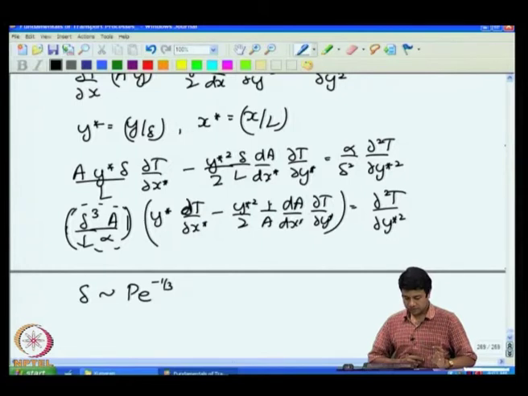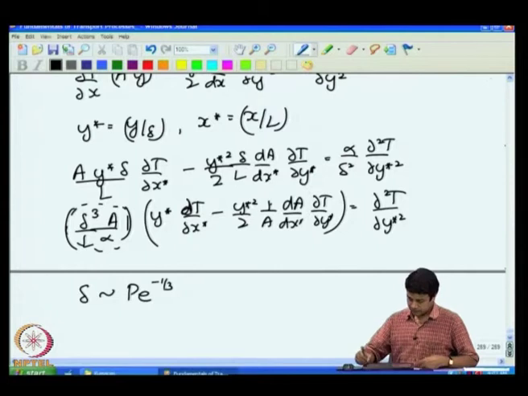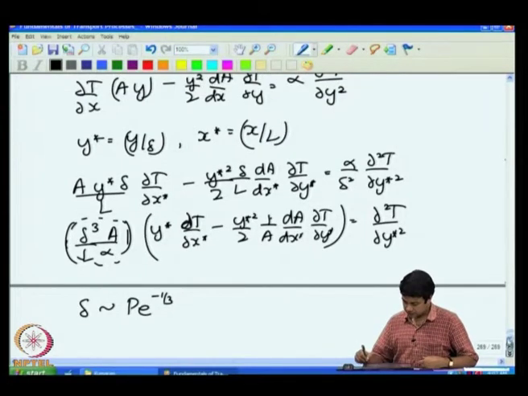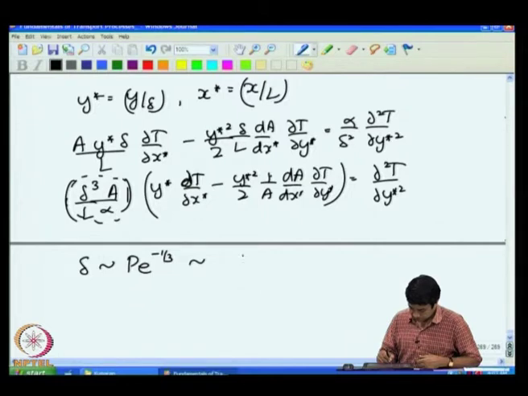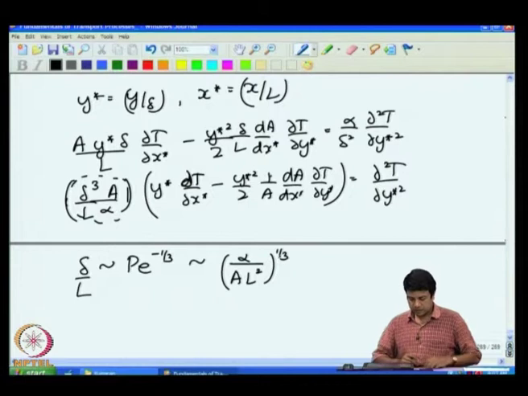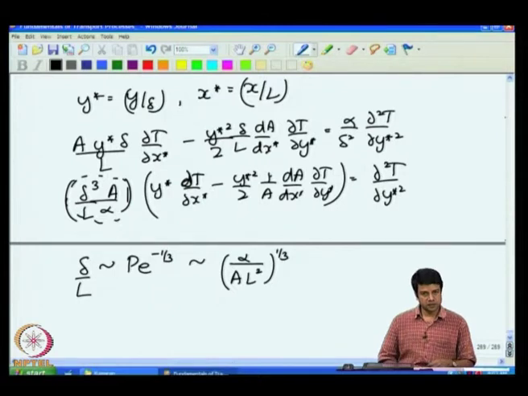If A is a scale for the strain rate, then straight away from this equation I will get delta by L going as (alpha by A L squared) to the power 1/3.